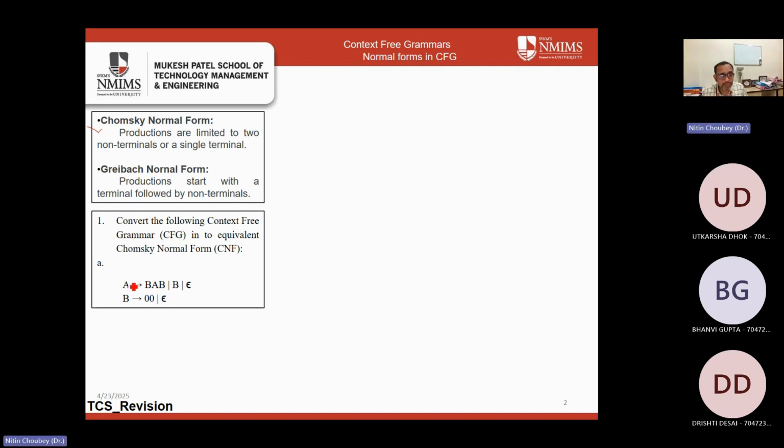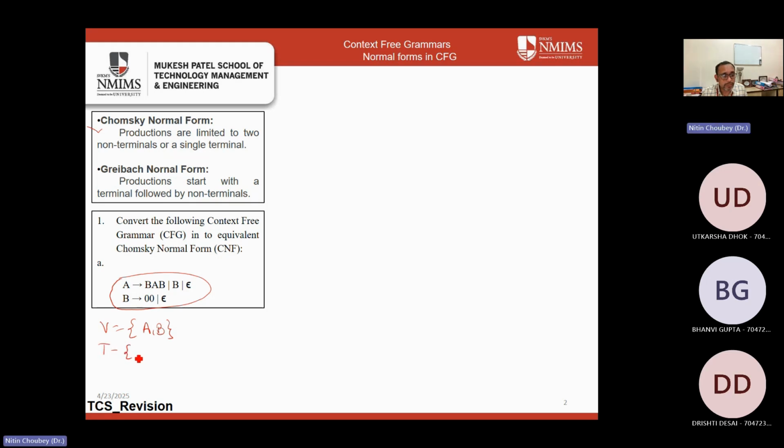So let's consider this as an example where we have two variables, variable A and variable B, whereas the terminal symbol is 0. So basically 0 is the terminal symbol and A and B are the variables here. Assume that A is our starting variable. So we can write the production rules for this as V is equal to {A, B}, that is a tuple.